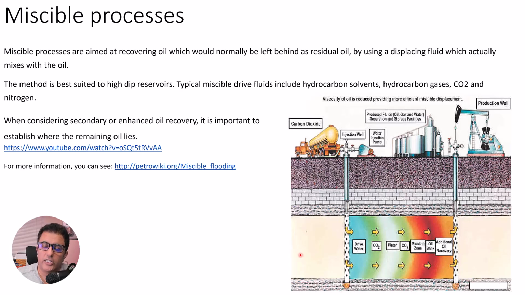So by injecting a lot of CO2 into the reservoir, we can reduce the viscosity of the oil and improve the production. This is what is done in the miscible process. It is possible that we may use other gases as well, but something that has been noticed to be more effective is injecting CO2 into the reservoir.